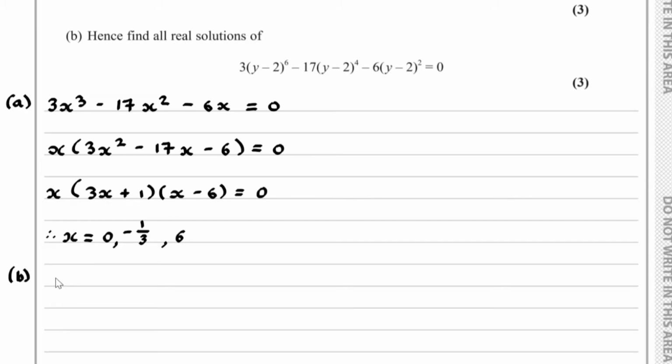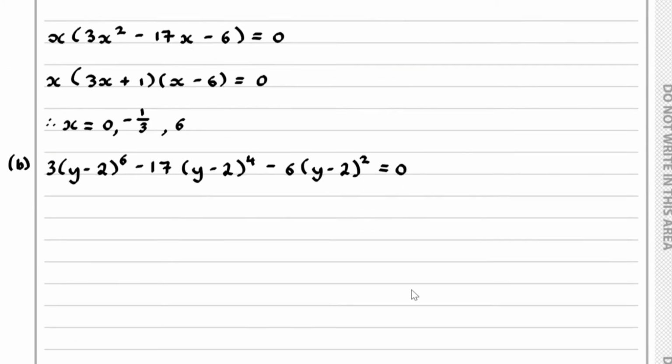Perhaps if we rewrite the equation, well, let's begin by copying out the equation. We've got 3 lots of y minus 2 to the power of 6 minus 17 lots of y minus 2 to the power of 4 minus 6 lots of y minus 2 squared. This is all equal to 0.